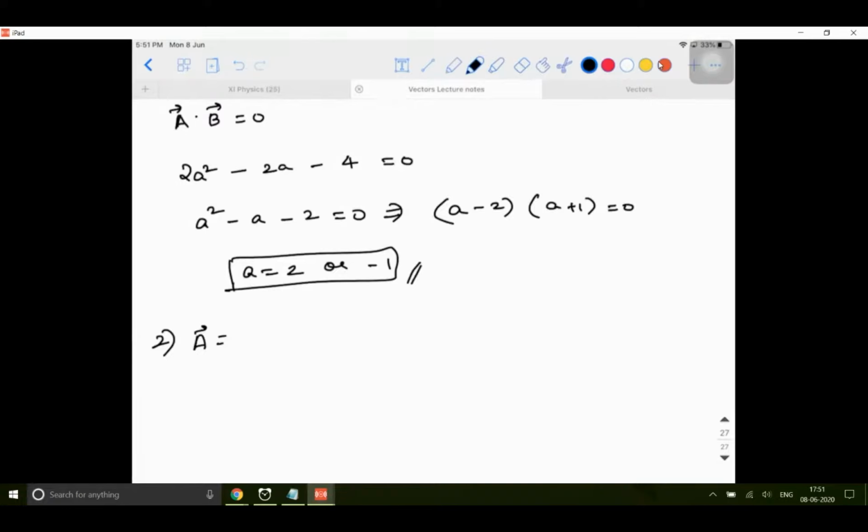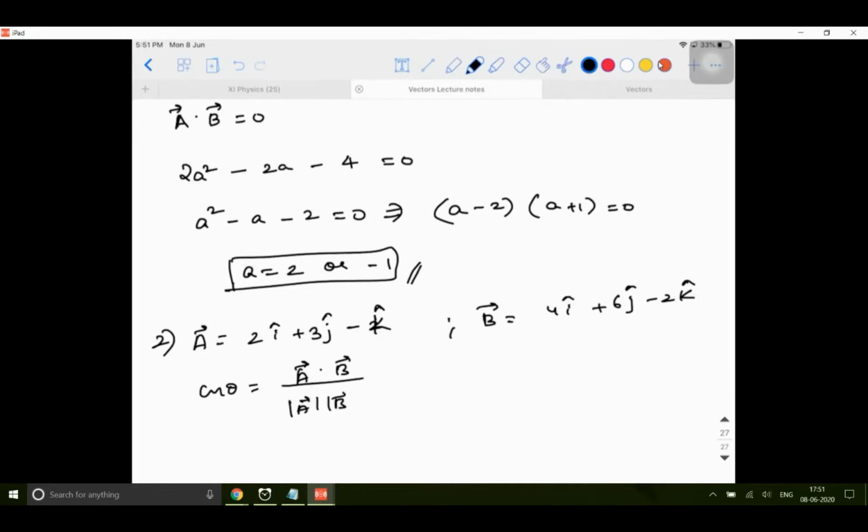So what are the two vectors? A vector is equal to 2i cap plus 3j cap minus k cap, and B vector is equal to 4i cap plus 6j cap minus 2k cap. So what is the formula? Cos theta is equal to A vector dot B vector divided by magnitude of A vector into magnitude of B vector. What is A vector dot B vector?